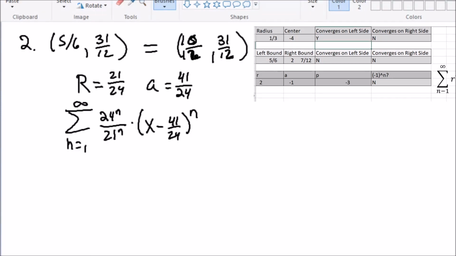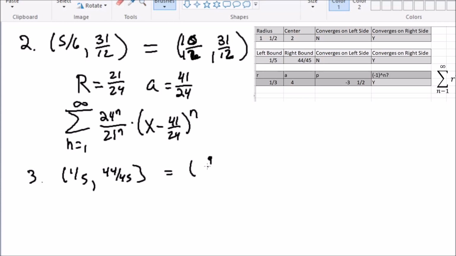Alright, so let's do another one. So now my left bound is 1/5 and it does not converge. Oh, this is going to be fun. My right bound is 44 out of 45 and it does converge. Okay, so again I'm going to rewrite these.